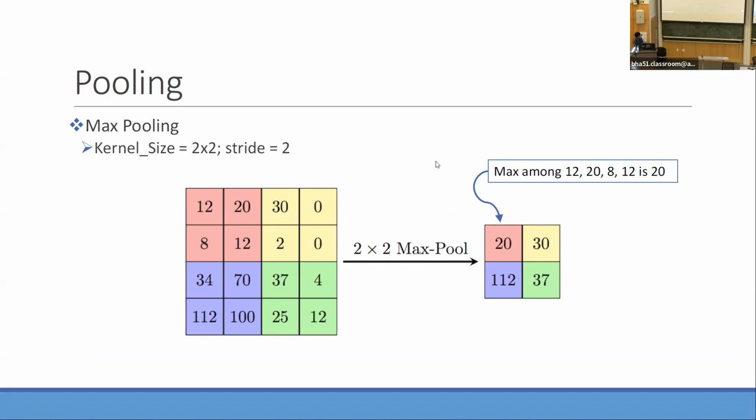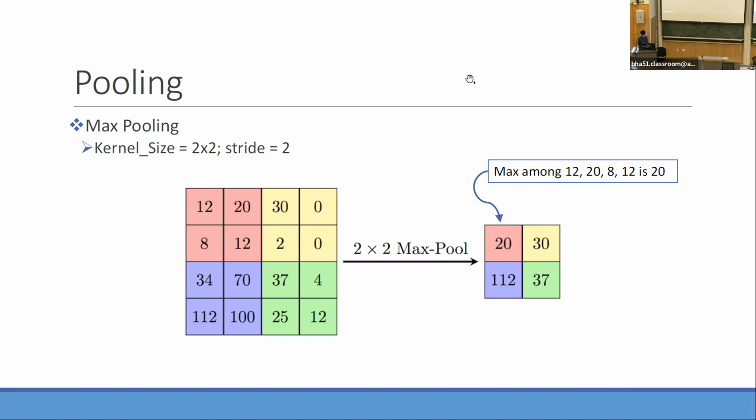Pooling is done just for the sake of jitter invariance, following convolution. There are two types of pooling. One is max pooling. Max pooling is done in this example with a kernel size of 2 cross 2 and a stride of 2. The input is 4 cross 4, and each colored 2 cross 2 patch shows where the 2 cross 2 max pooling filter is placed. In the red patch, you see the first step taken by the max pool filter. The max element is 20, so the filter takes 20 and outputs it. After 2 strides, it goes to the yellow patch and takes 30 because it's the max element.